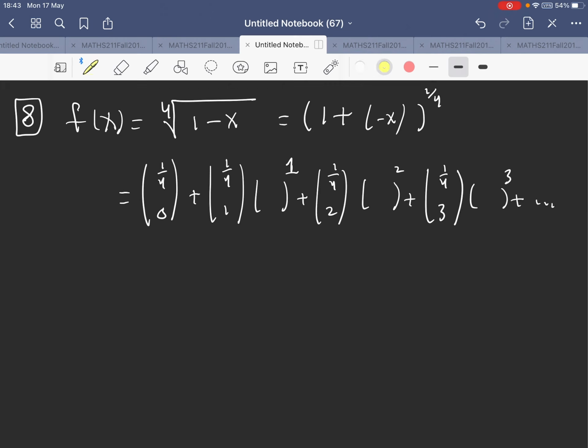How do we fill this bracket? We just write negative x, negative x, negative x. Now what we need to do is find those numbers and substitute them there. So that's what we'll do next.